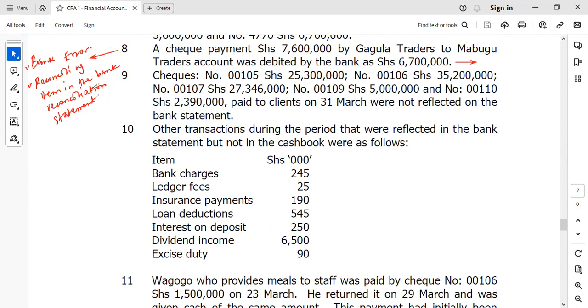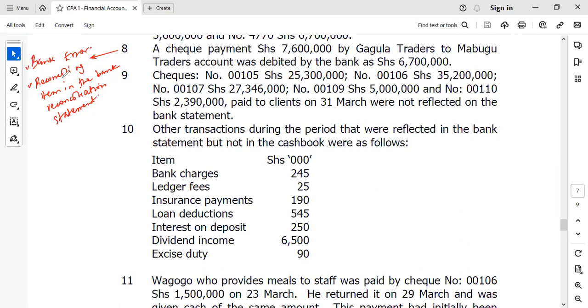Errors made by the cash book, please, we don't enter them. Errors made by the bank, we don't correct them from the cash book. So don't forget that. Then you go to note 9, checks paid to clients on 31st March that are not yet reflected on the bank statement.